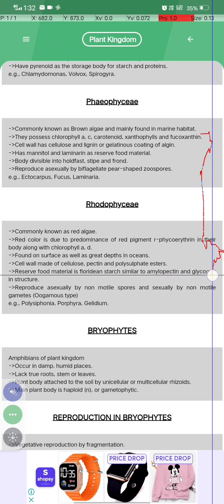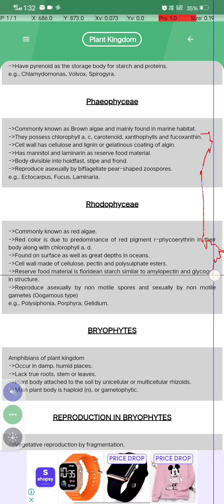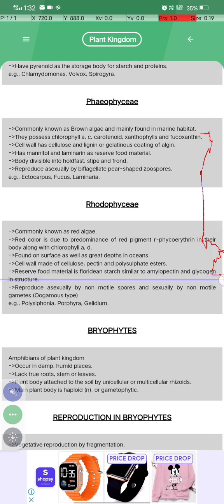The reserve food material is floridean starch, which is similar to amylopectin and glycogen in structure. They reproduce asexually by non-motile spores and sexually by non-motile gametes, oogamous type. Examples: Polysiphonia, Porphyra and Gelidium.